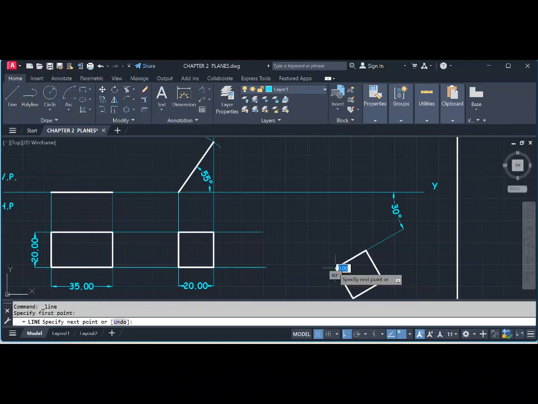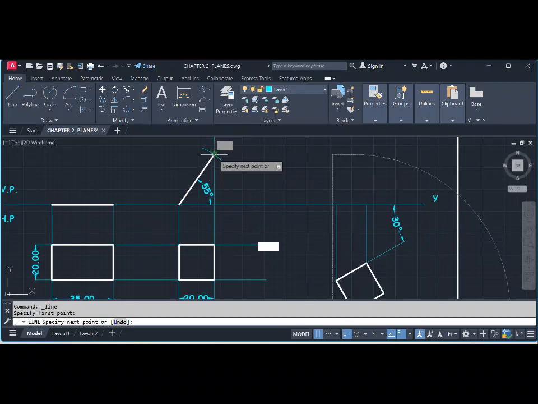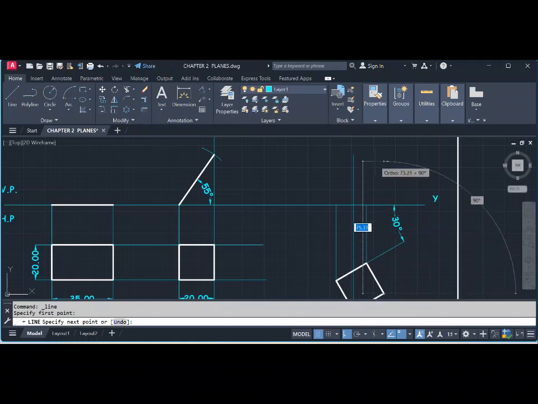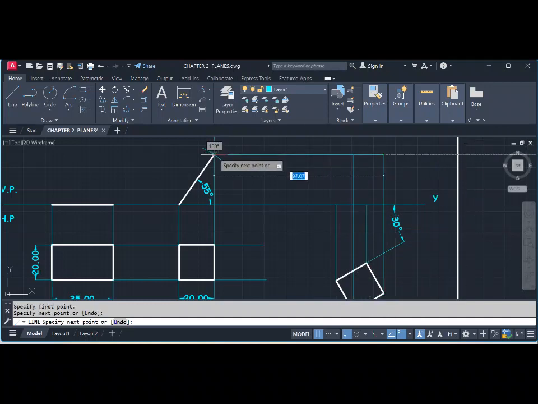Here you should not be confused. The first line is on the XY line. If you are confused, just mark it 1, 2, 3 like that, as I explained in the previous question, that is the fifth question. Using that you can do it. Later on you have to erase that particular 1, 2, 3. You are going to mention this is the first line, this is the second line, to make your work easier.